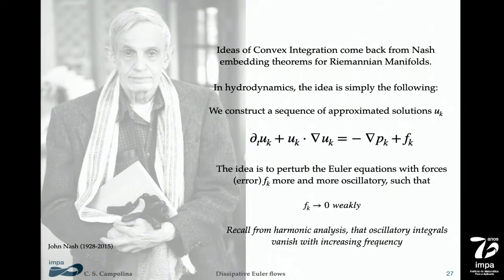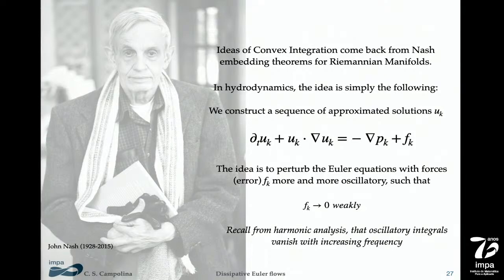And he was able to prove that. And after that, we have some other developments of this convex integration technique, like Misha Gromov. And the ideas applied in hydrodynamics are inspired by these results from John Nash and Gromov.